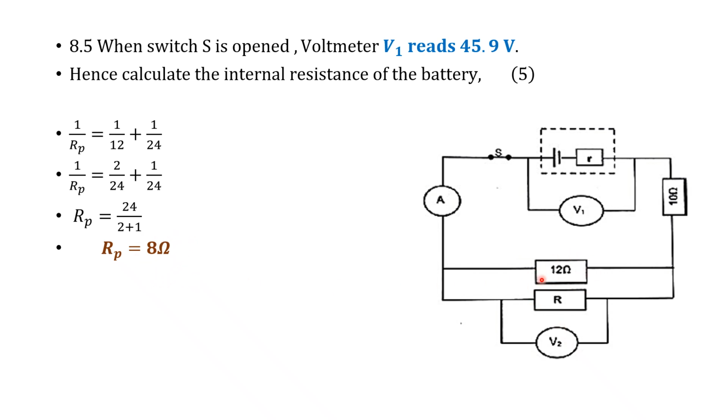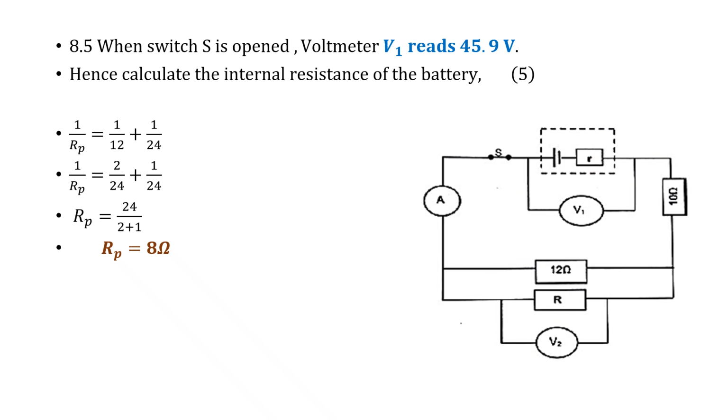So I have 8 ohm, and in series we simply add, so my resistance would be 8 plus 10. Right? Remember the current I got was 2,25 amperes, so that's the total current. Right? So if I use the EMF equation, I have EMF is 45,9. Alright, I have resistance now, the big R, which would be 10 plus 8.